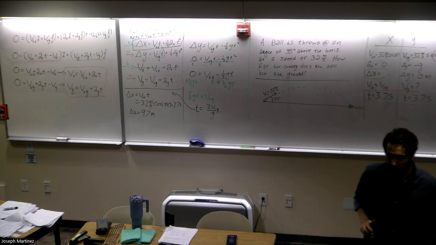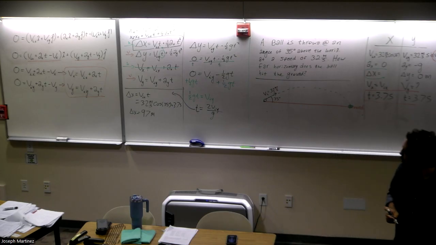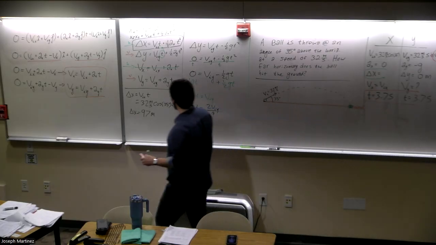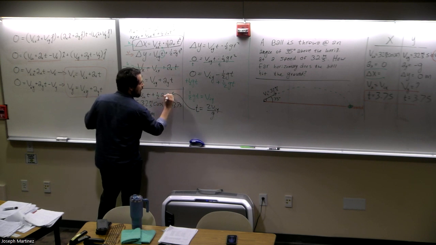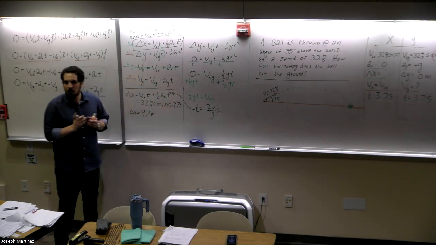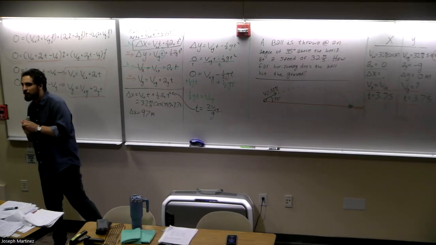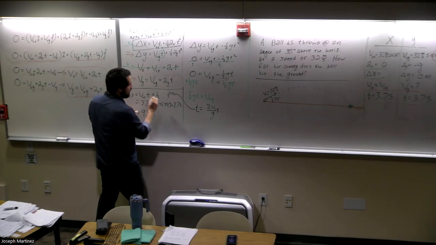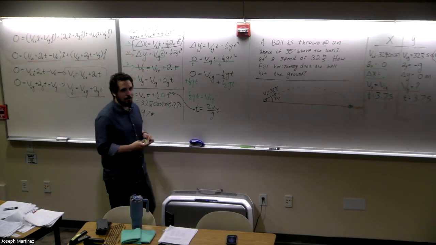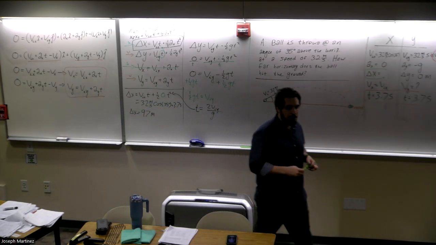I'm just confused how you got from that to it just being v initial x times t. Okay, so we have plus 1/2 acceleration in the x direction times time squared, yes? What is the acceleration in the x direction? 0, and then 1/2 times 0 times time squared is going to be 0.